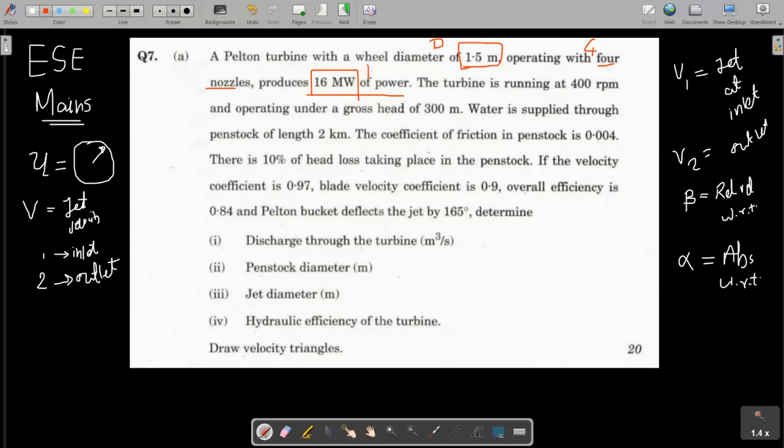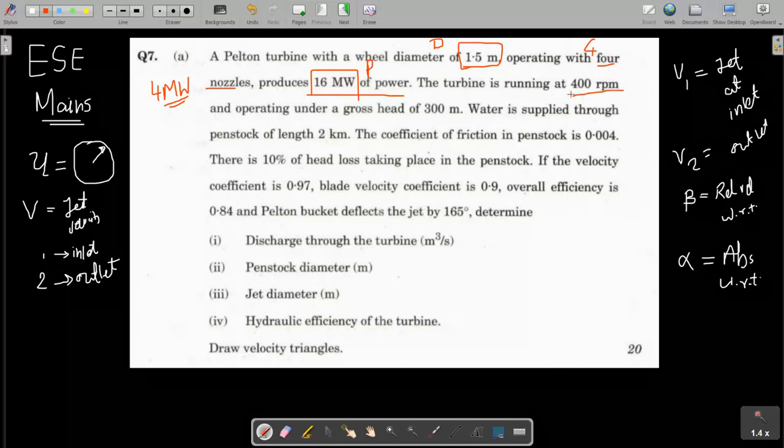So power output is given to us. This is total power from 4 nozzles. So if one nozzle is activated, then 4 megawatt power is generated. So for one nozzle we will take 4 megawatt of power.